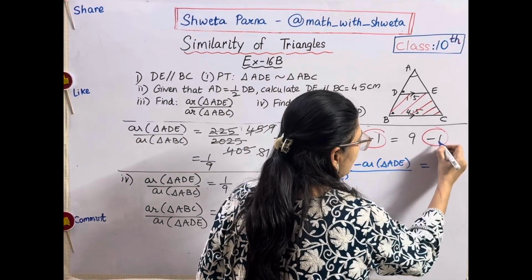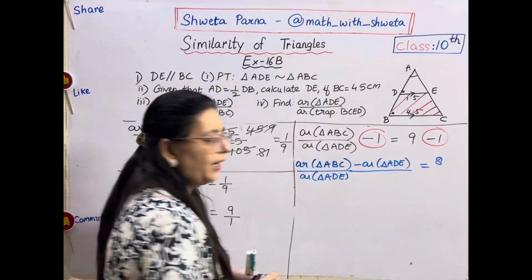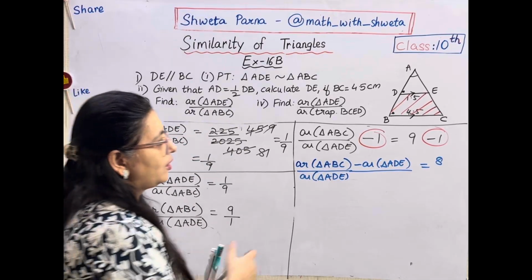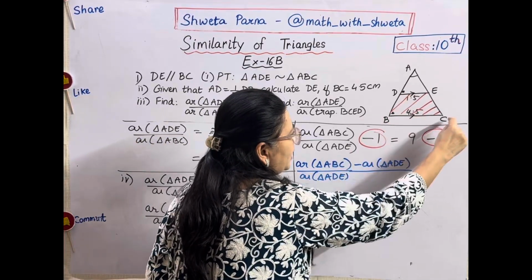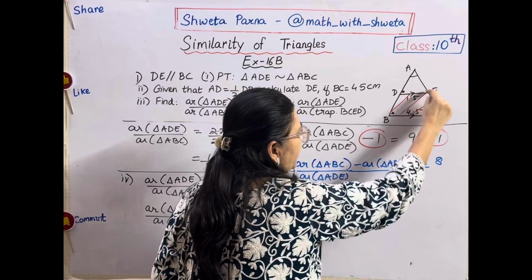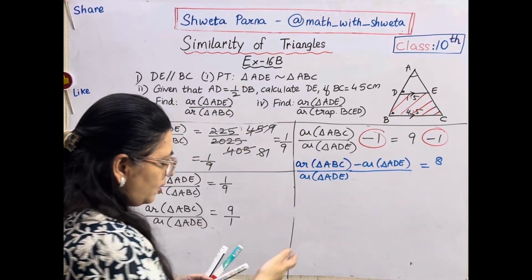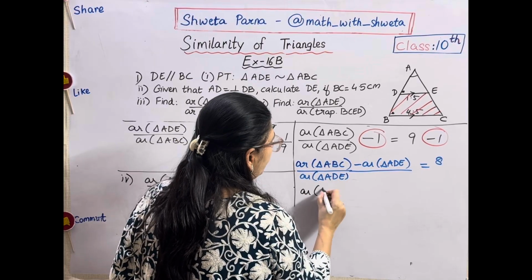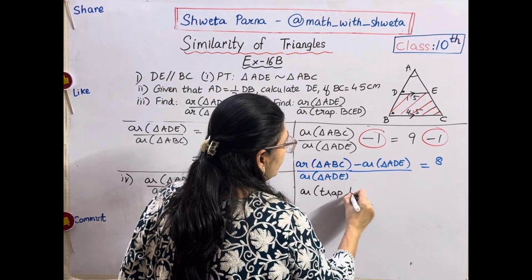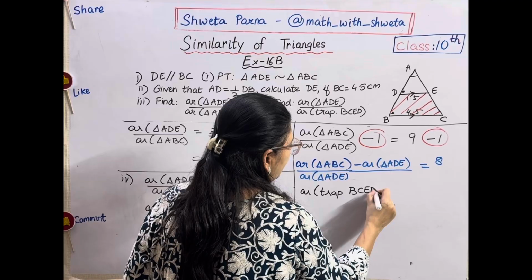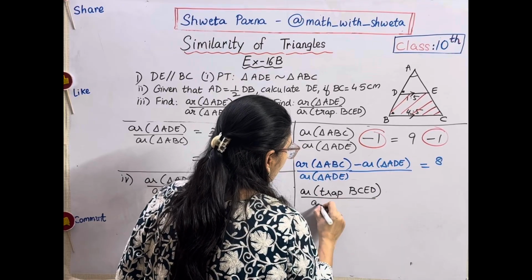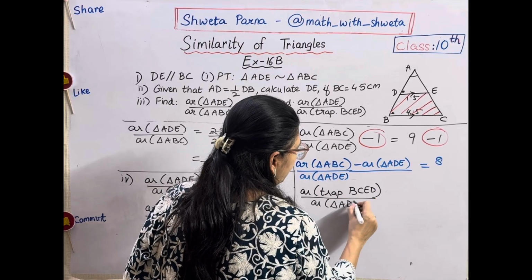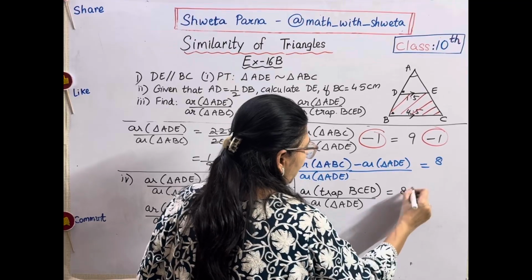And this will become 9 minus 1, which is 8. Now see, we got the answer. Area of triangle ABC minus ADE. What are you getting? You are getting trapezium BCED. So area of trapezium BCED upon area of triangle ADE is equal to 8.